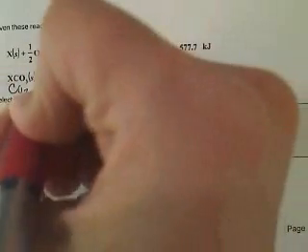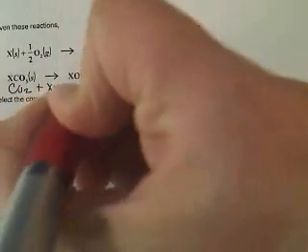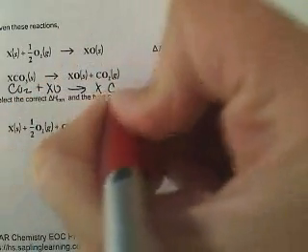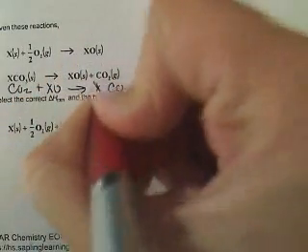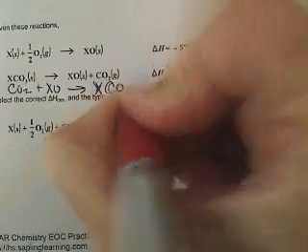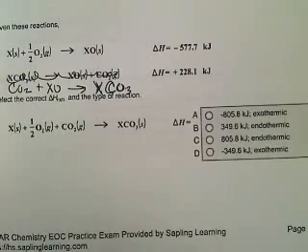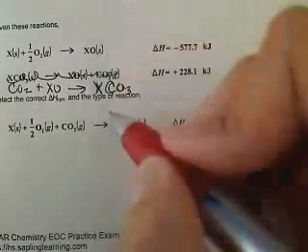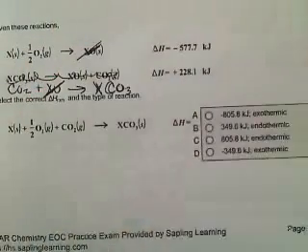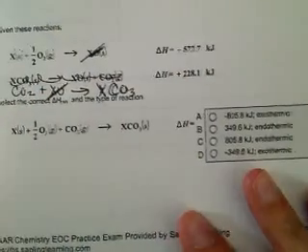We get CO2 plus XO gives me X CO3. So now this equation is gone. We're not worried about that one. Now we can just add everything, because this is on the reactant side and this is on the product side, so those are going to cancel out.